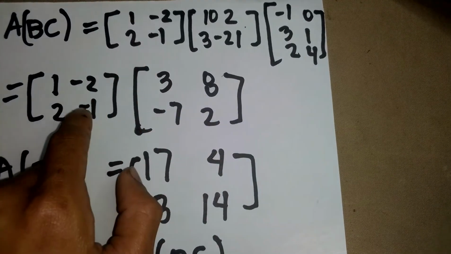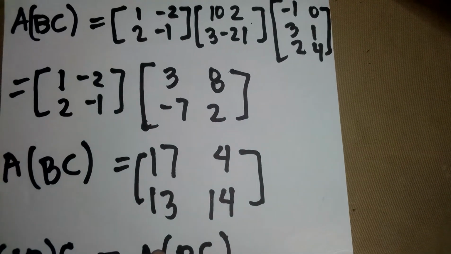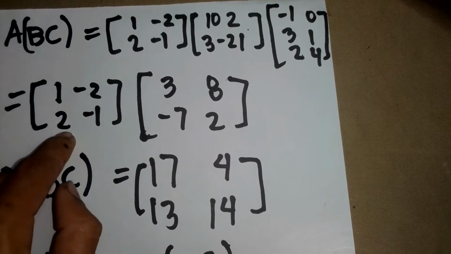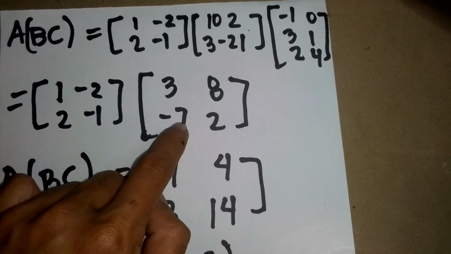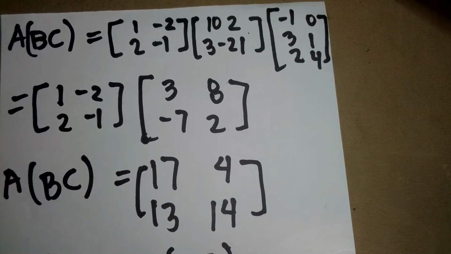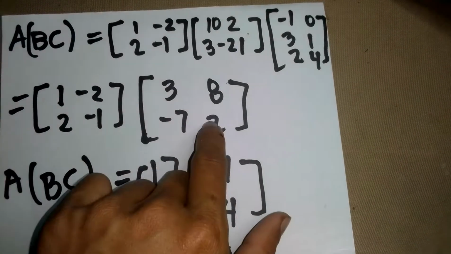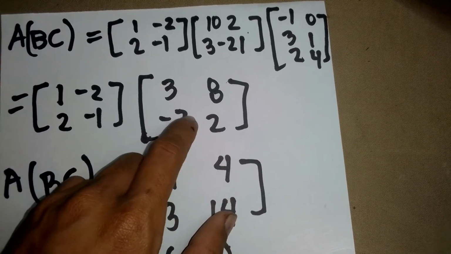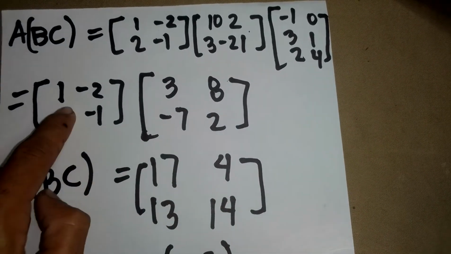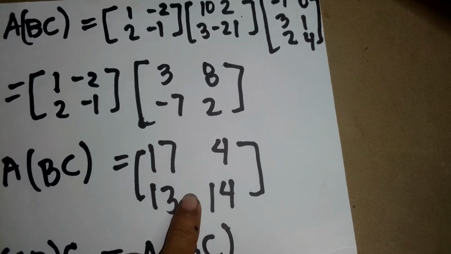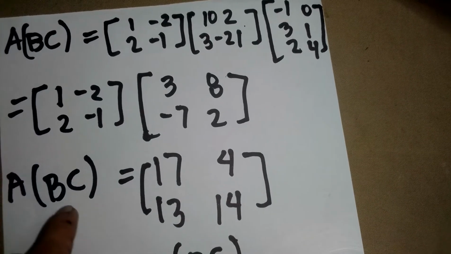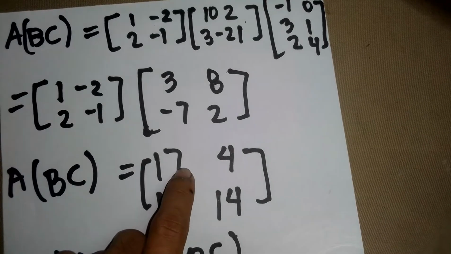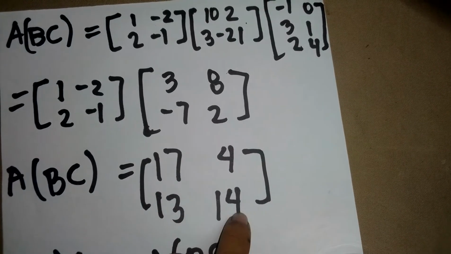Then we copy the value of matrix A. Since we have these two matrices, we multiply again, just like the process to get the value of B and C. We get the value of A multiplied by the quantity B, C is equal to 17, 4, 13, and 14.